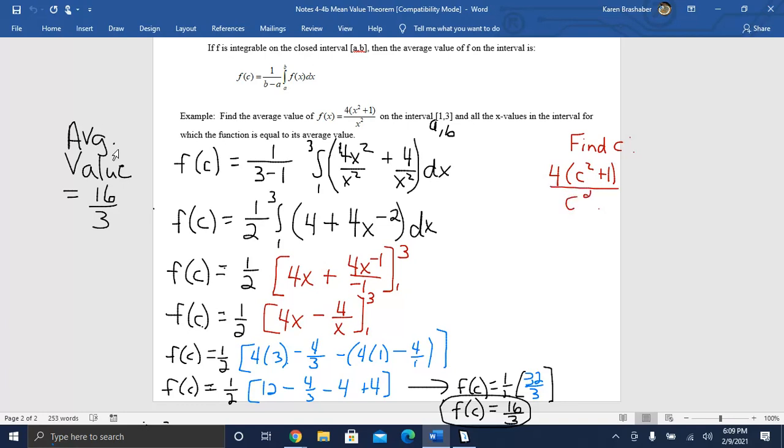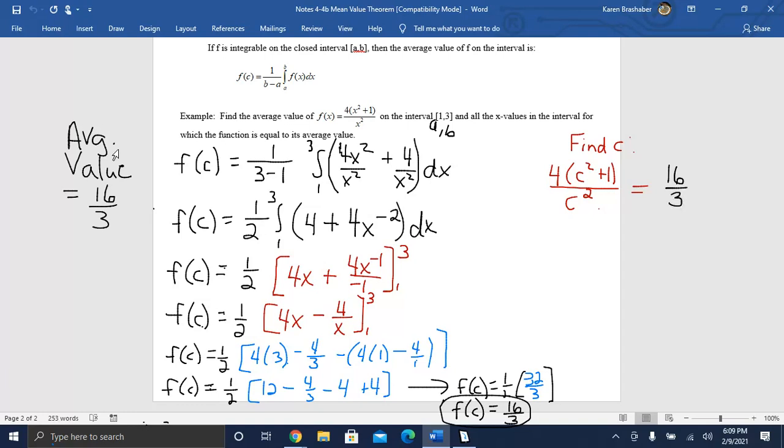And notice I'm going back to the original. I think when you're getting ready to do this algebra, you really probably want to avoid the negative exponents. So we'll set that equal to the average value that we found, which was 16/3.